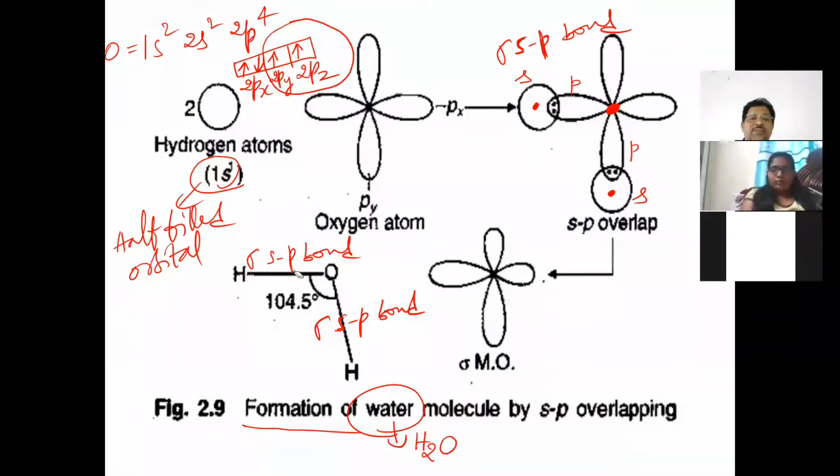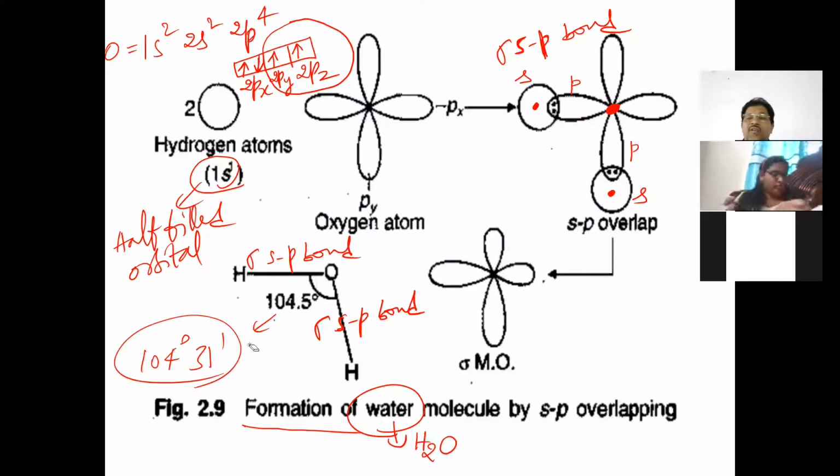Between this OH bond and this OH bond, the bond angle is 104.5 degrees, or we can write 104 degrees 31 minutes. 104.5 degrees is the bond angle in which molecule? The water molecule.